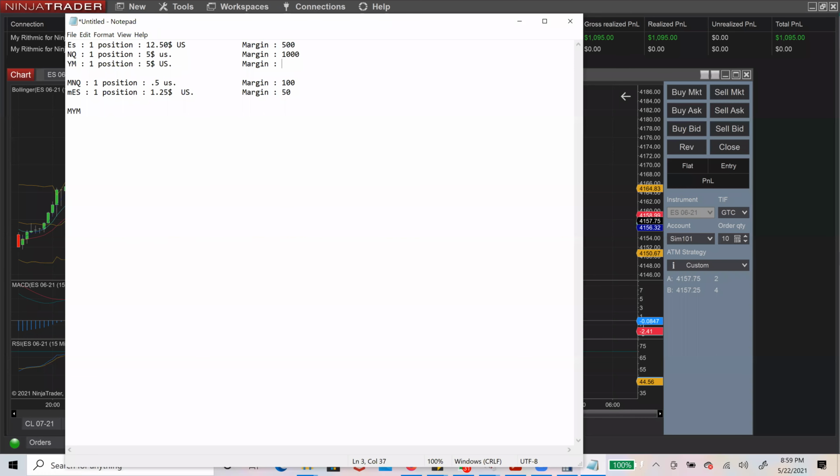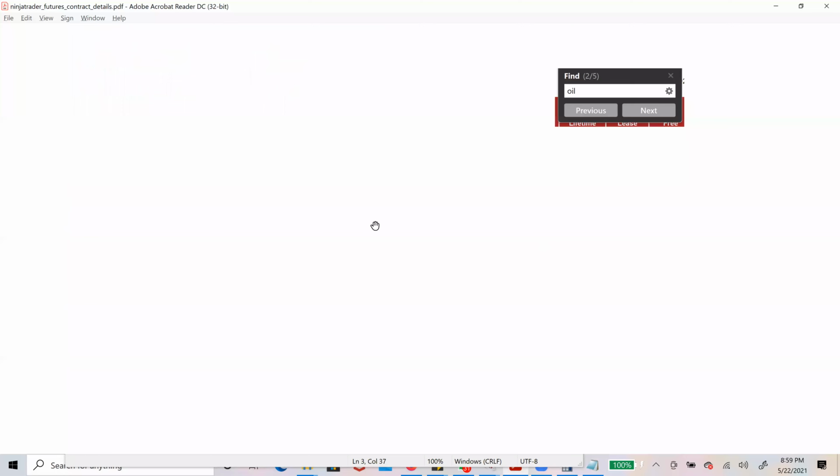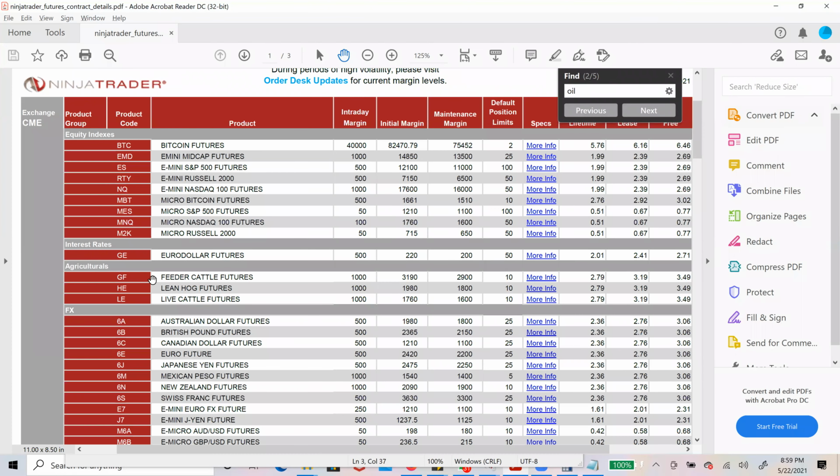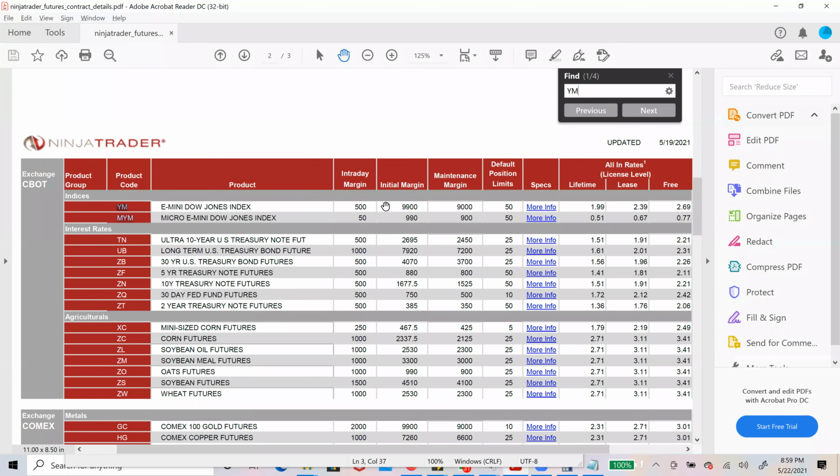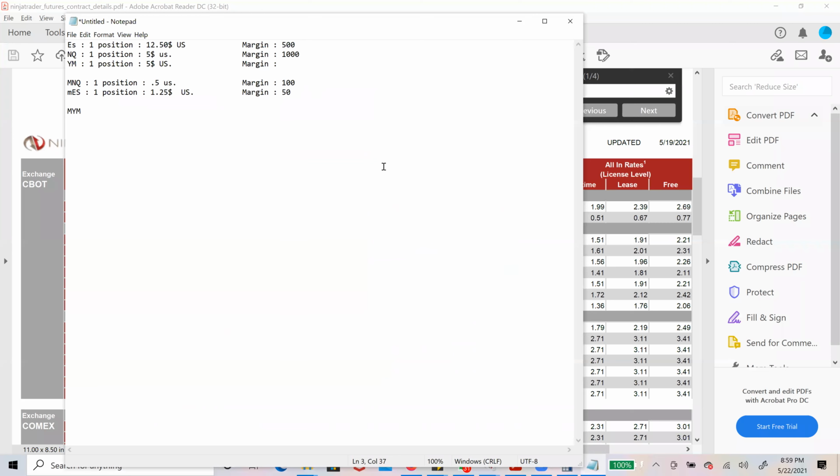Margin, I believe it's 1,000 as well. YM is 500, 500 minimum. And MYM. YM is basically your Dow Jones, one position.